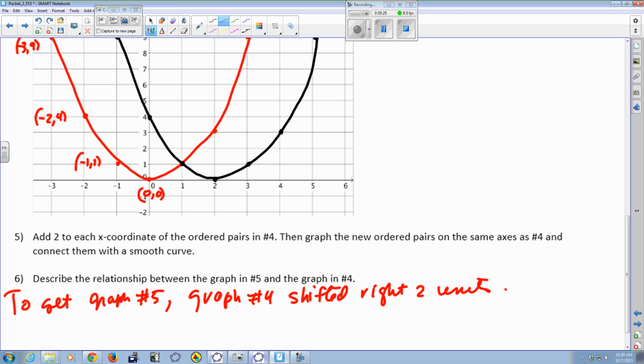So when you shift right, anytime you shift left and right, you're thinking of a horizontal change, right? And a horizontal change affects your input. So somehow your input must be affected when you come up with your new function.